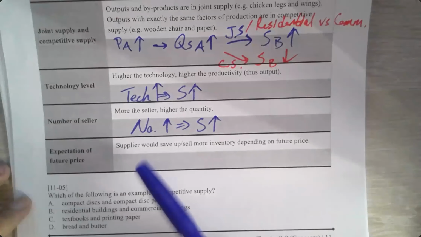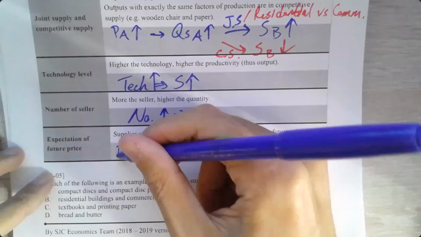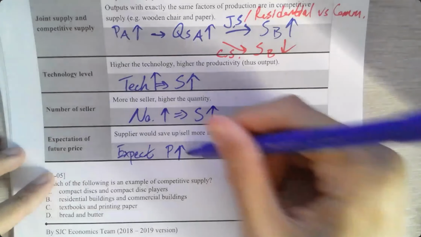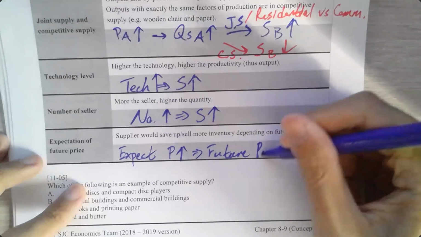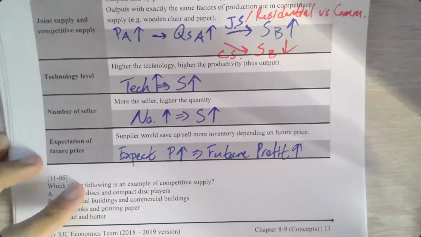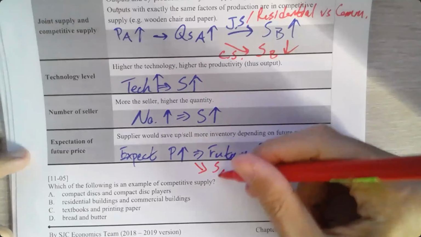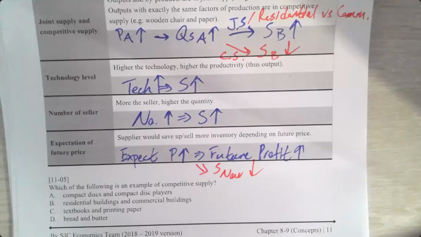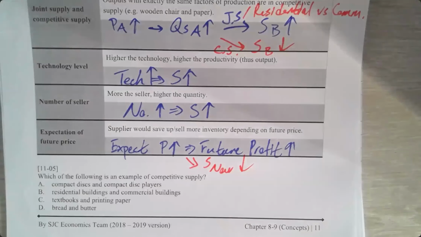And finally, expectation is just the opposite of demand, right? If you expect the price to increase, what does that mean? Your future profit will be higher, so naturally you wait for the price to rise before selling. Therefore, the supply now would drop. It happens with property developers in Hong Kong. They build houses, and recently there was the vacancy tax. Why do we talk about vacancy tax?